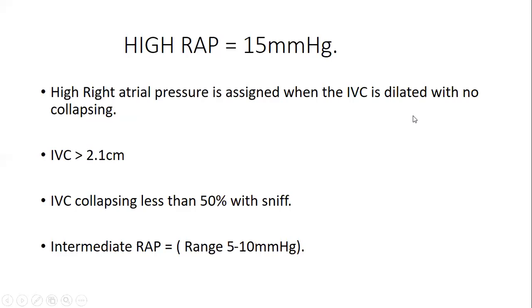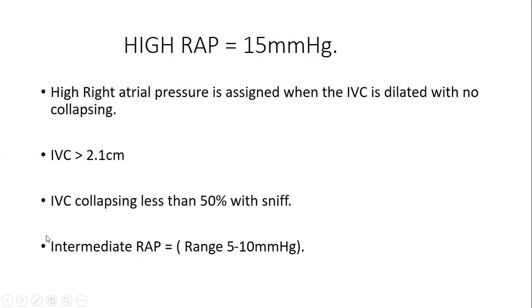If the IVC is above 2.1 centimeters or 21 millimeters, this is considered dilated, and the pressure within the right atrium is around 15 millimeter mercury. And then you also have to check if the IVC collapses less than 50% with sniff. This may also be an indication that the pressure within the right atrium is increased.